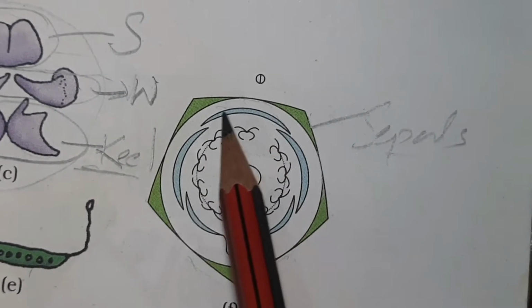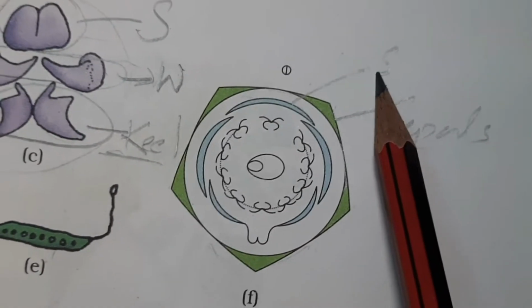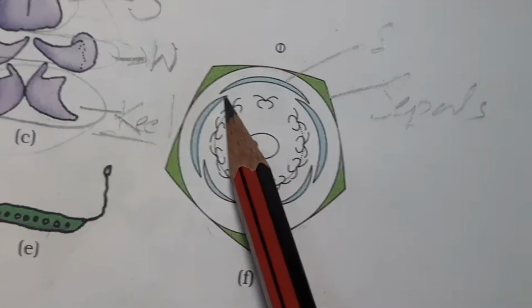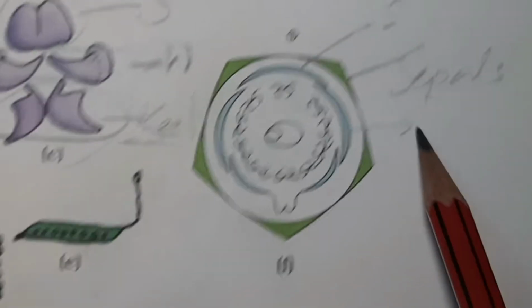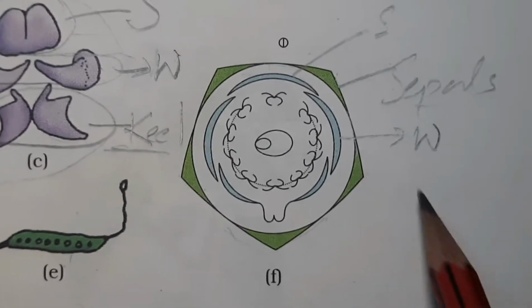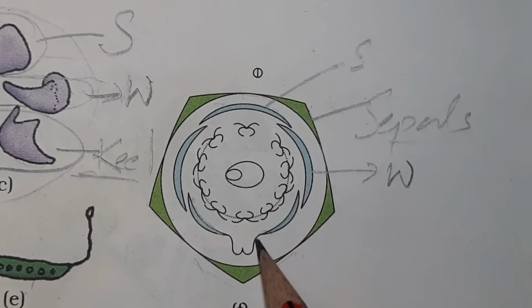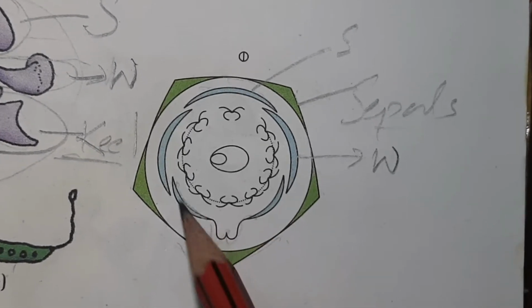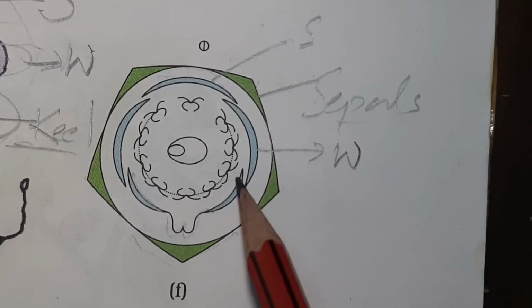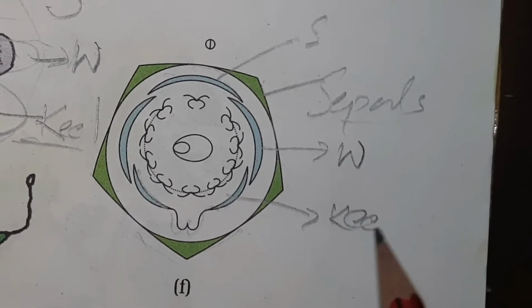This is a petal, and this one we all know is the standard. These are 2 free petals, and they are called wings, and these are the 2 petals which are united together. This line actually unites them. These 2 united petals are called the keel.